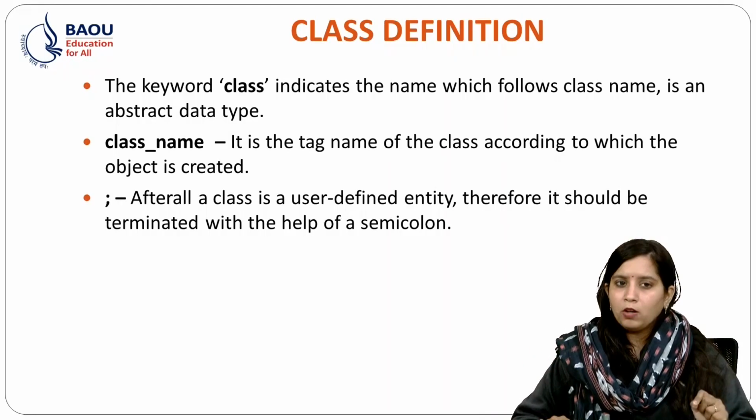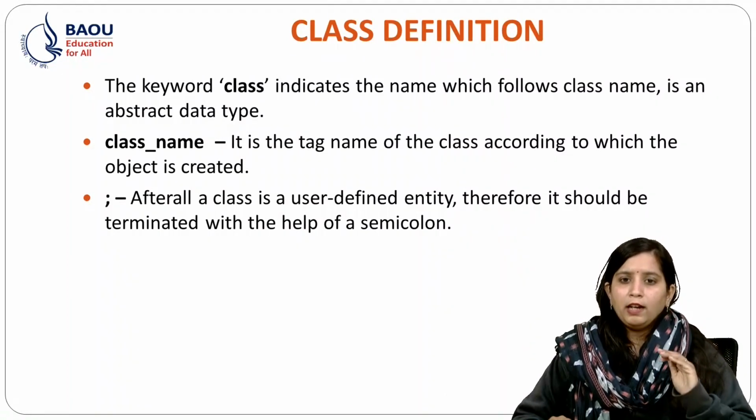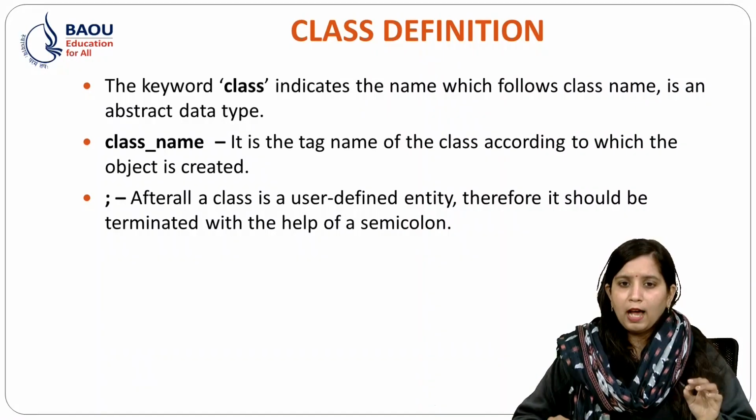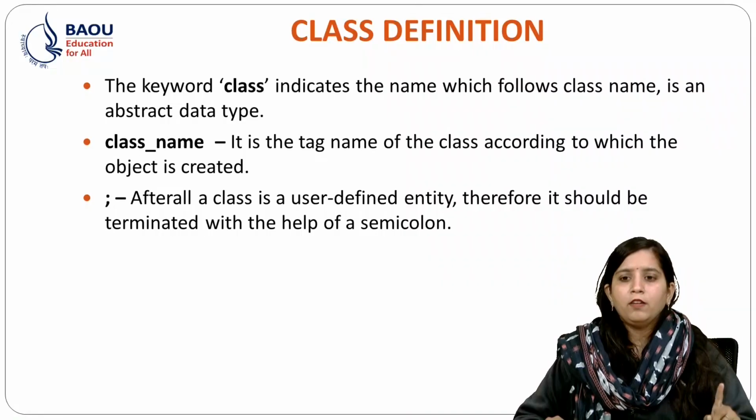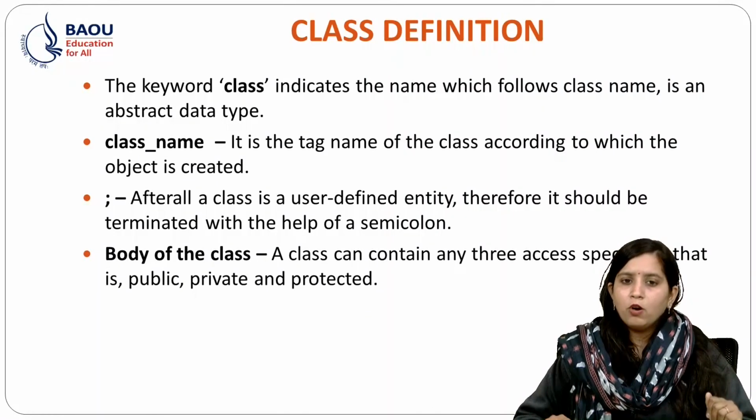Then semicolon. After a class entity is over, we have to terminate the class with a semicolon. Without the semicolon, it will give you an error. And then the body of a class. A class can contain three access specifiers, that is public, private and protected, as I said earlier.